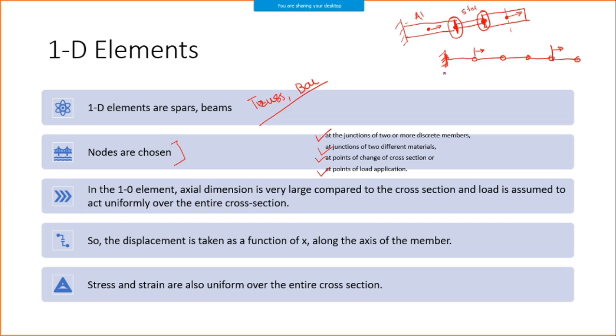This kind of meshing is quite easily done using any FEA solver, maybe ANSYS or any other FEA solver, which will take care of this easily. And for this purpose, certain algorithms are created.